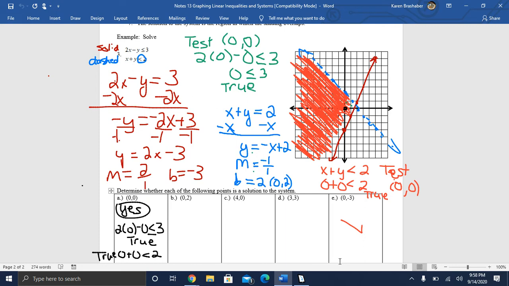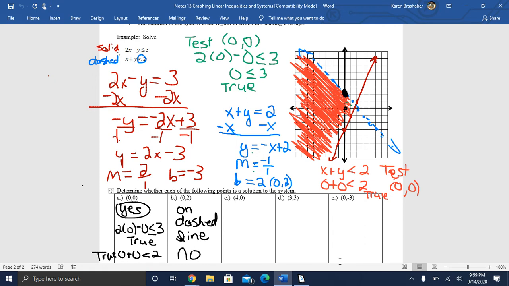And 0, 2, I'm going to use a black marker for this, actually happens to be the y-intercept of the dashed line. It's right there. So 0, 2 is on the dashed line, and because of that, it is not included in the solution. And so therefore, this one is a no.